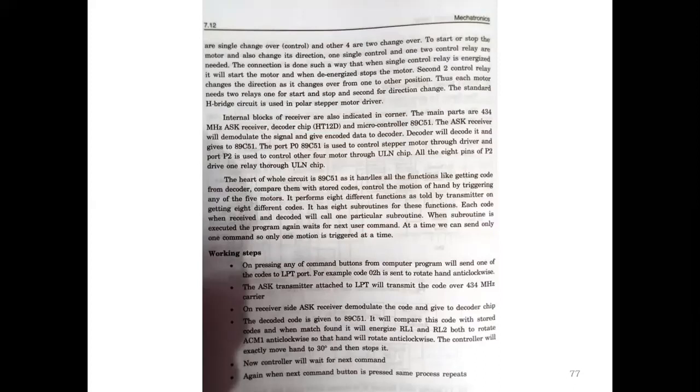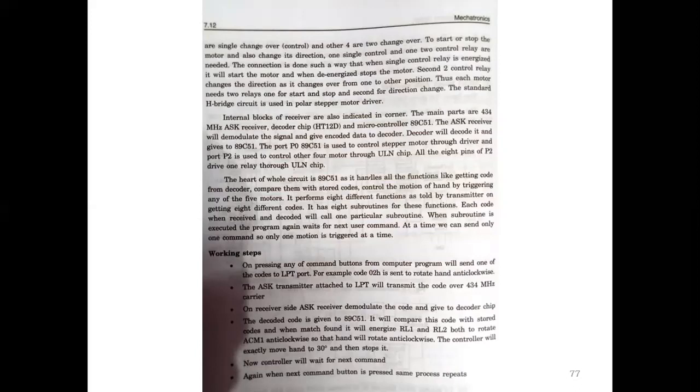On the receiver side, the ASK receiver demodulates the code and gives it to the decoder chip. The decoded code is given to the 89C51. It will compare this code with the stored codes, and when a match is found, it will energize RL1 and RL2, so as to rotate the motor anti-clockwise, so that the hand will rotate anti-clockwise.